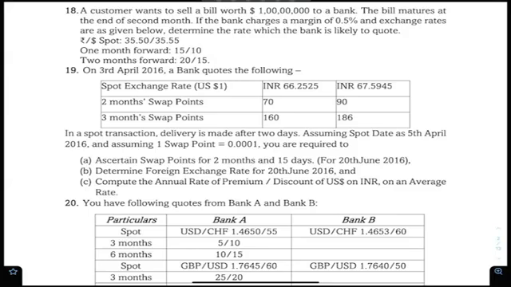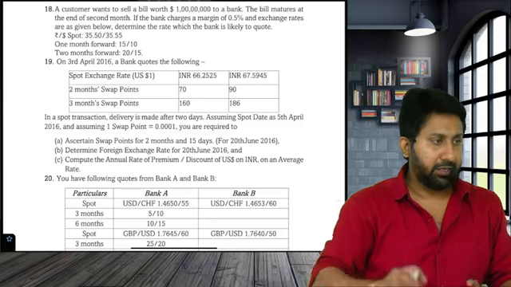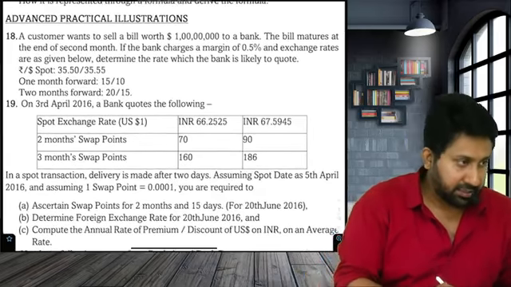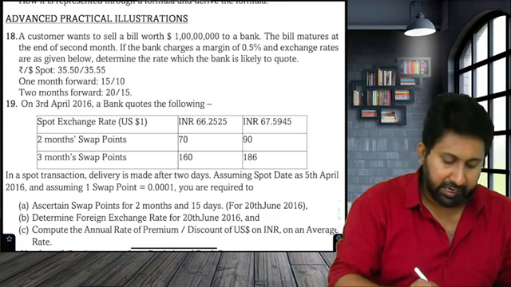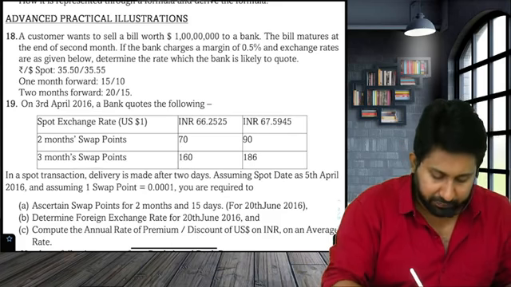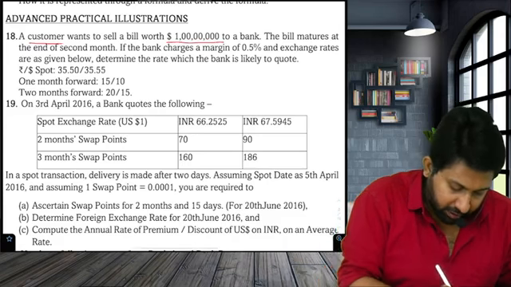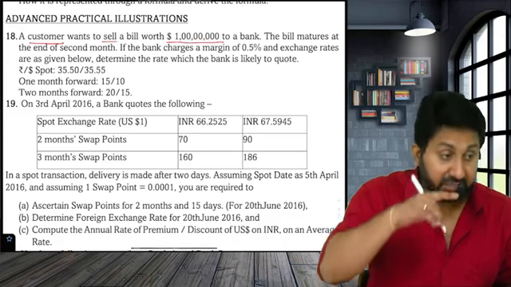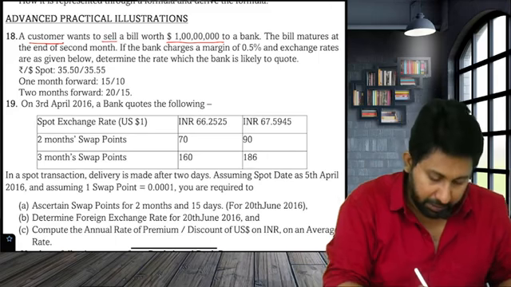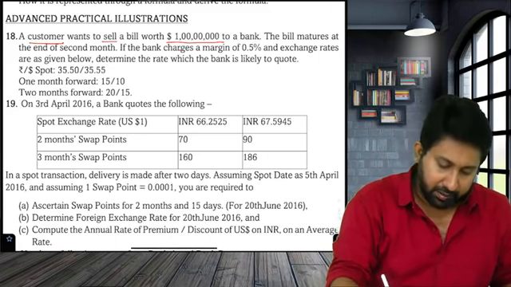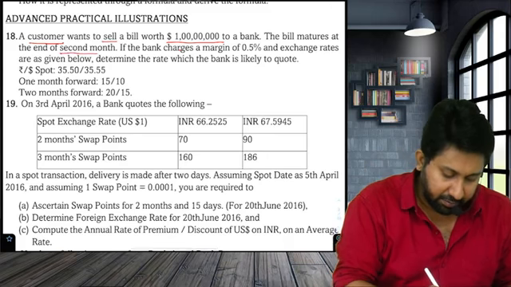So let us go to the next question. See here, question number 18. A customer wants to sell a bill worth $1 crore to a bank. Customer wants to sell, means the bank has to buy. The bill matures at the end of the second month.